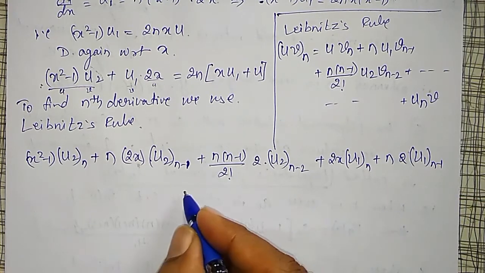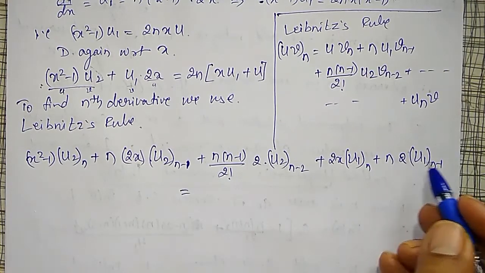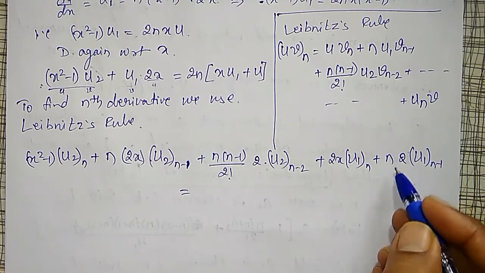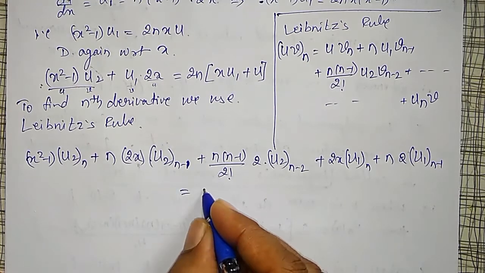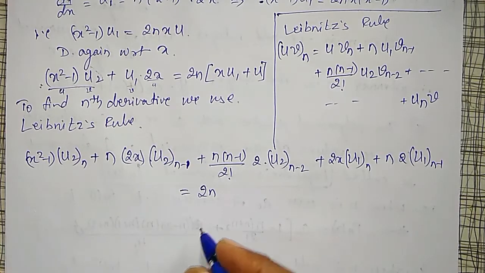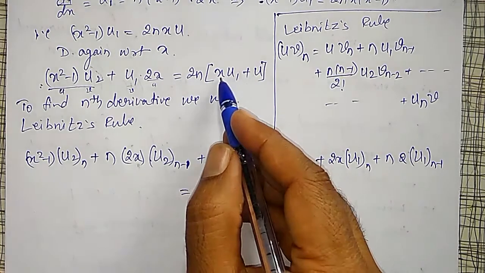Like that, on the right hand side also I have to apply. If you go for the next derivative, it will become 0, therefore you have to stop here. Next, on the right hand side, the derivative is 2n as it is into x into u1.